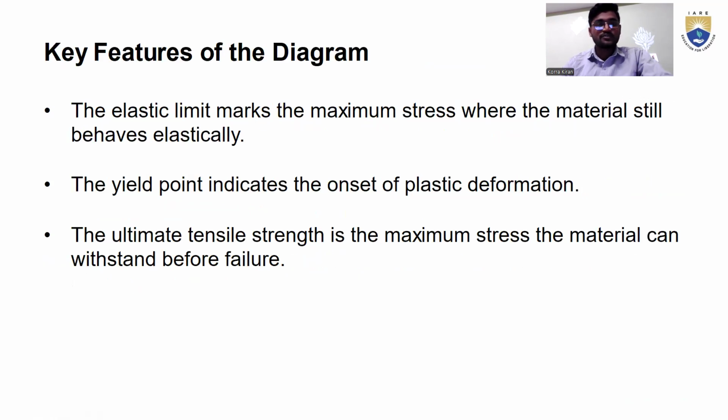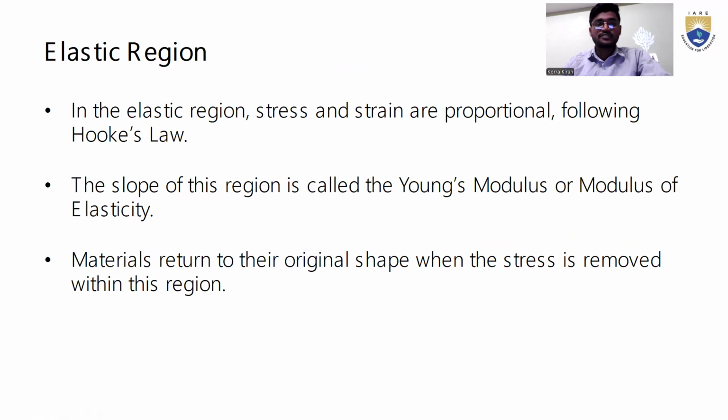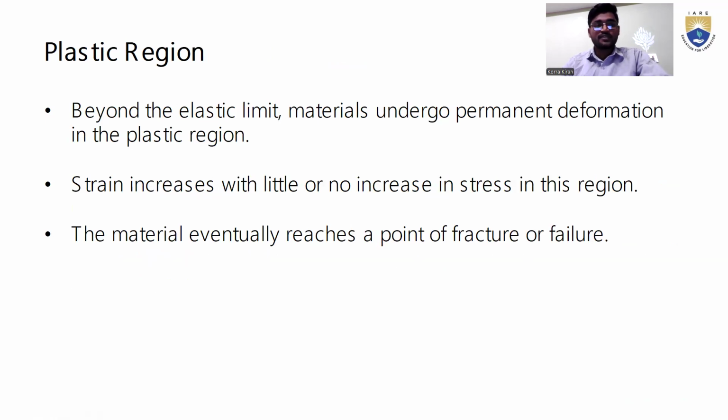The key points of this diagram are the elastic limit, yield point, and UTS, which is ultimate tensile strength. The elastic region follows Hooke's law. Hooke's law says stress is directly proportional to strain. Plastic means permanent deformation.